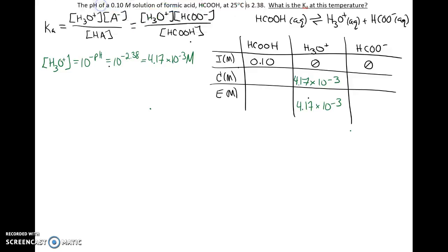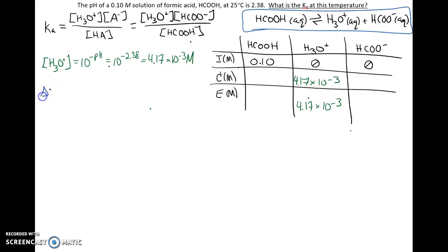Now that we have filled in the column for H3O+, we can start working on the columns for formate and formic acid. Looking at the equation up here in the top right corner, we see that the stoichiometry is 1 to 1 to 1. This means that for every molecule of formic acid consumed, one ion of H3O+ and one formate ion will be formed.